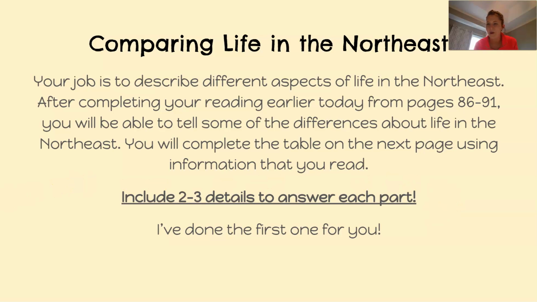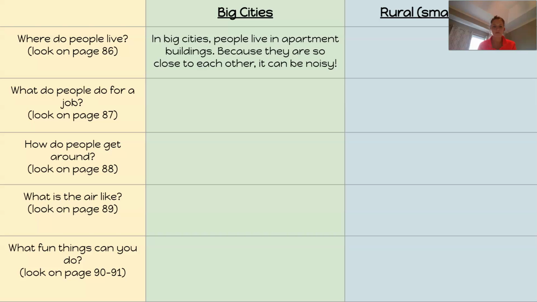I will show you how I did that first one. This is what you will find on Seesaw. We have 1, 2, 3, 4, 5 sections that you read about. In those 5 sections, you heard about life in the big city and in a rural town, and you're going to answer questions for both of those. Here's an example. Where do people live?